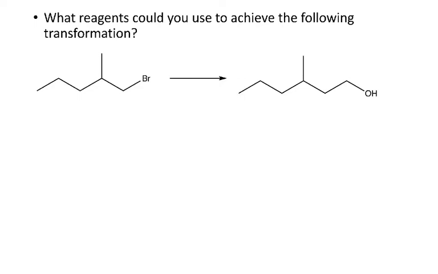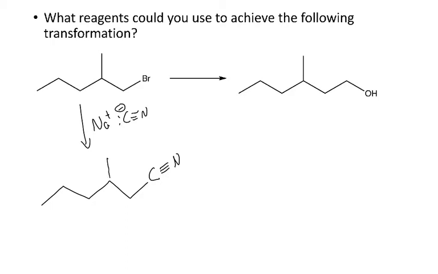So I can convert this into a nitrile by first doing an SN2 reaction. And so that cyanide is going to replace the bromine, which is going to be a leaving group. Then I can heat that under acidic conditions.